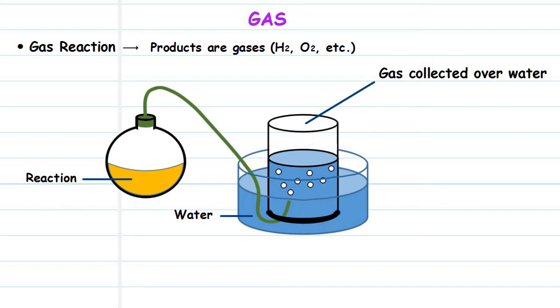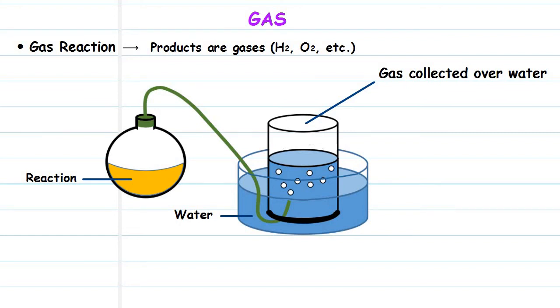Let's say we have an experimental setup here. The round bottom flask on the left contains a reaction mixture. The gas generated by the reaction can pass through the green tubing into the water bath and get collected inside the flask on the right.